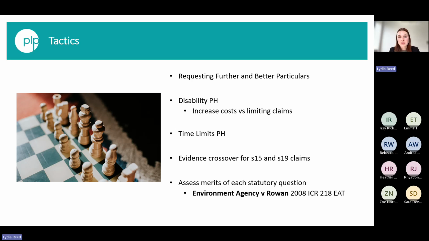And I say that because, really, with the delays in the employment tribunal at the moment, it's better to have it as one of your directions, and then not need it, rather than having to wait who knows how long for a one-day PH. Same applies with the time limits PH.